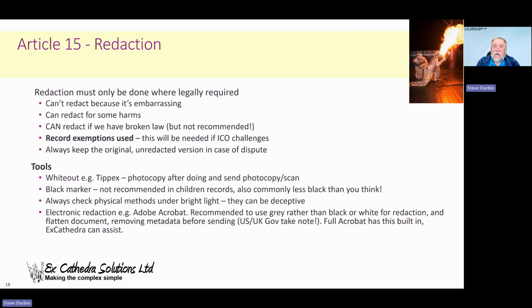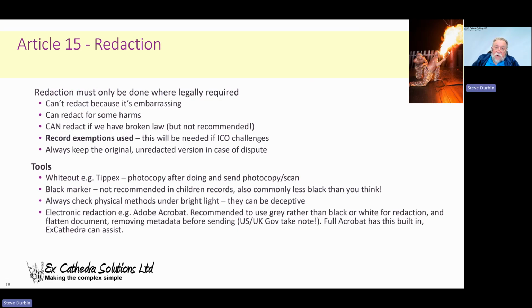So, for example, safeguarding information in a child's school record, which, if revealed, may cause distress or cause serious harm, we can redact. We can redact that we've broken the law, as I mentioned previously. I don't recommend that because it's going to come out in disclosure anyway, so really don't bother. Okay, consult your solicitors. I am not a solicitor. Okay, record your exemptions. Okay, and always keep the unredacted version in case of a dispute.